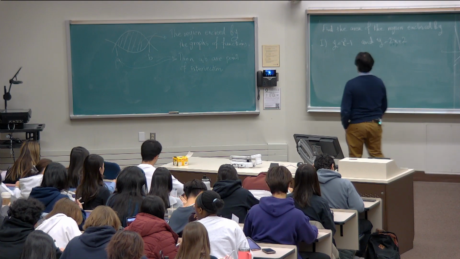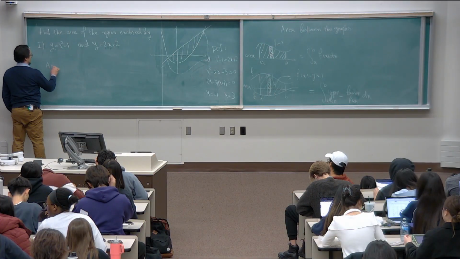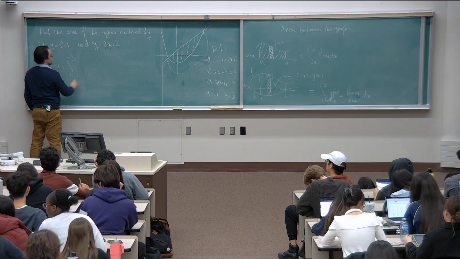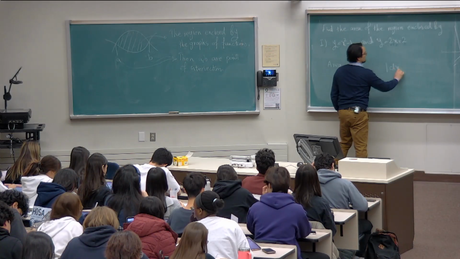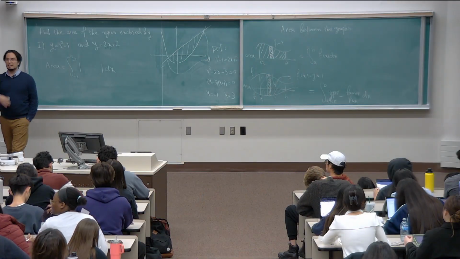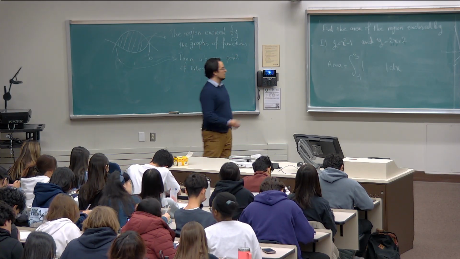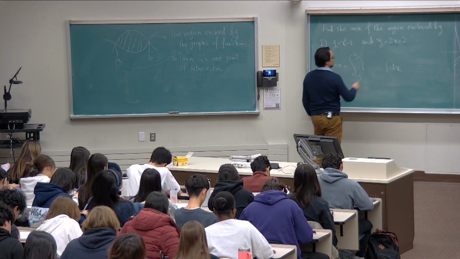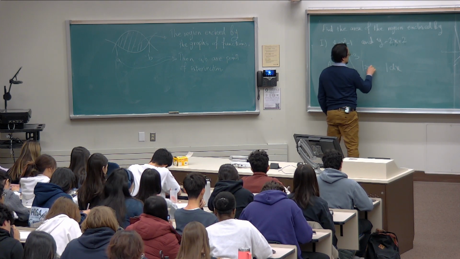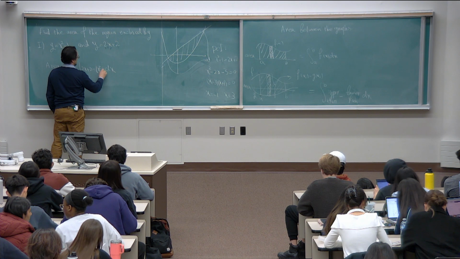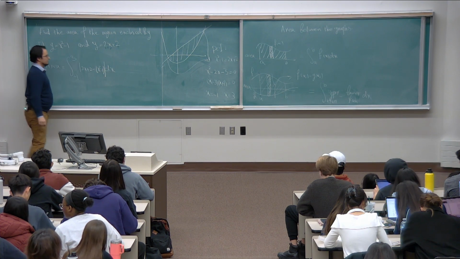And well, that means now I have area equals the integral from negative 1 to 3. I will always write the absolute value to set up the integral, but when I'm evaluating, I'll get rid of it. So in this case, I say the upper one minus the lower one, absolute value.